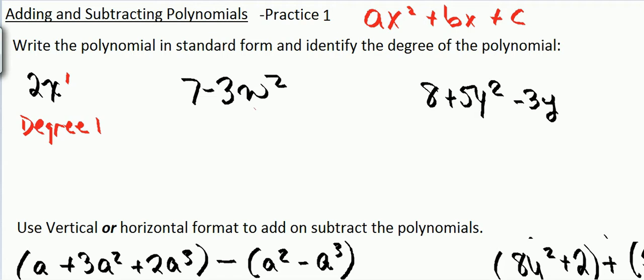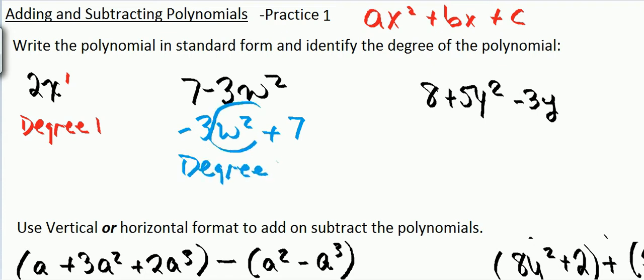Here I want to rearrange this so that I'm in descending order from highest exponents, so I have negative 3w squared plus 7, that's standard form, and my degree is my largest degree, which is 2.